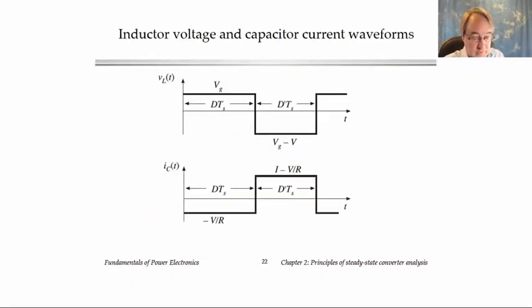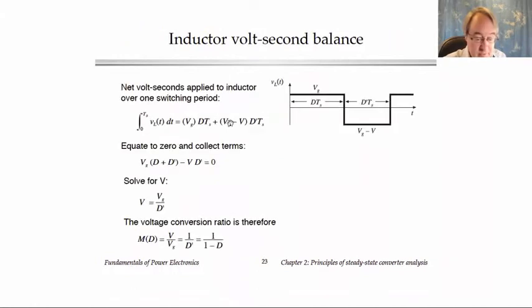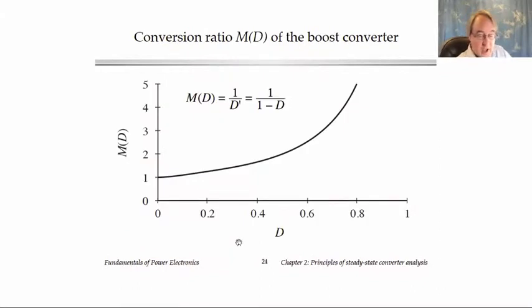Okay, so there's the inductor voltage waveform that I drew. Here's the volt-second balance that we just worked out. And here's a plot of the conversion ratio of the boost converter, which is the output voltage over the input voltage, and it's the 1 over d' factor.